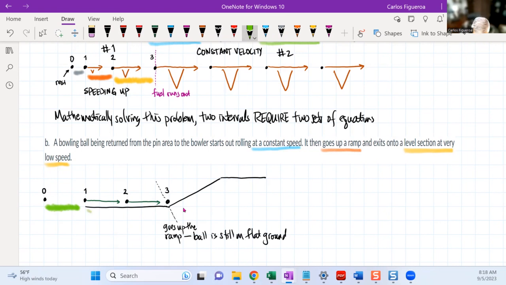If this is the length of my interval here, and this is the length of my interval here, you can see that the interval is the same. So now what has to happen? At point 3, this thing has to have the same speed. Let me draw this more parallel. So these 3 arrows are supposed to be the same length.